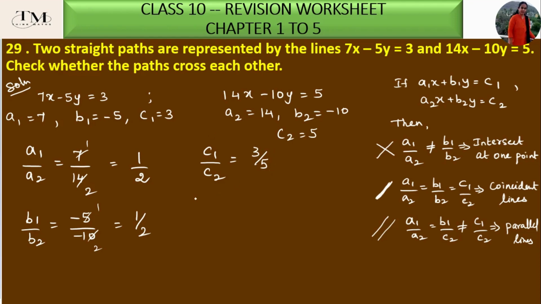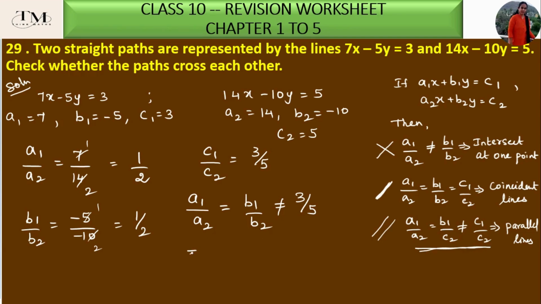So what is the relationship we are getting? a1 by a2 is equal to b1 by b2, both are 1 by 2. But it is not equal to c1 by c2, which is 3 by 5. So we are getting this condition: a1 by a2 equal to b1 by b2 not equal to c1 by c2.